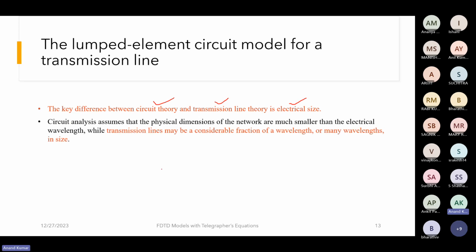Circuit analysis assumes that the physical dimensions of the components or network are very small. For example, this is a transmission line and your lumped component would be very small. If a wave is propagating, you will see the phase variation across the transmission line, but for the same wave across the lumped component, the phase variation might be negligible.